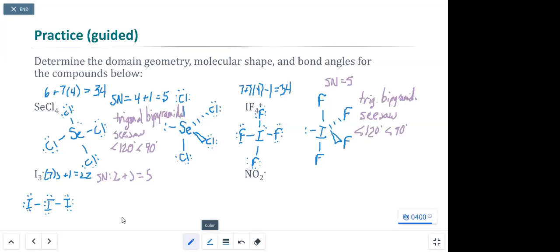The difference is this time, all of those lone pairs are going to go in these equatorial positions in the middle of that ion, and the iodines are going to line up here in a row.